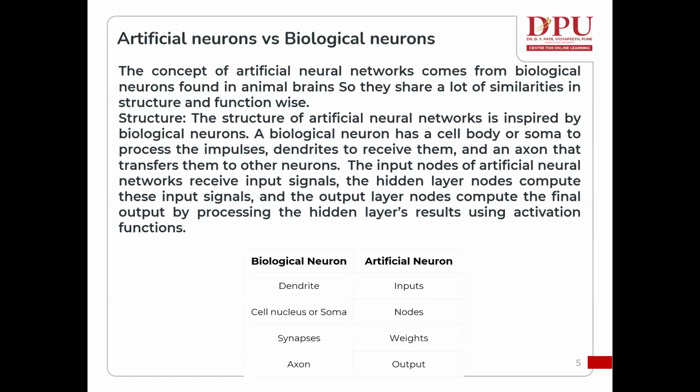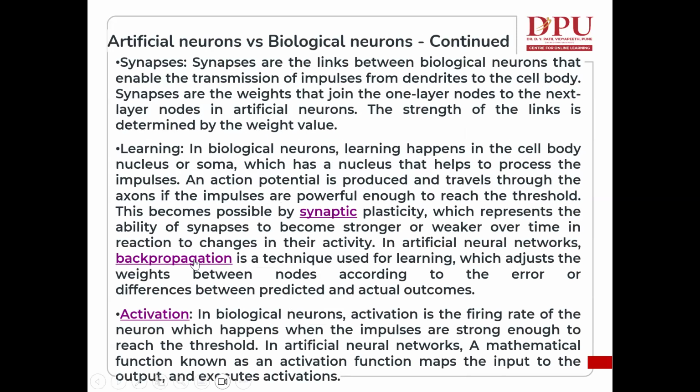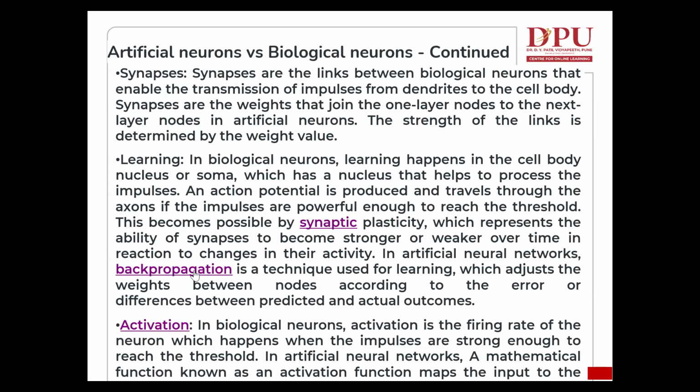Then there is the cell nucleus or sometimes soma. Then the synapse and axon. Comparing the same with artificial neurons, we are using the terms inputs, nodes, weights, and outcome. So if you observe here, one example for back propagation, is it visible?